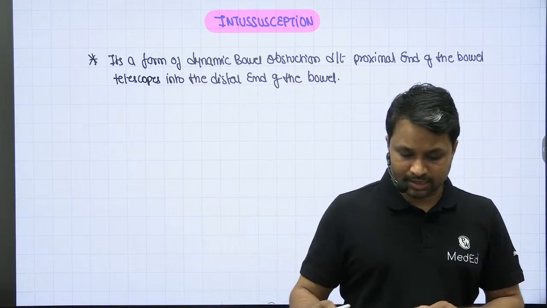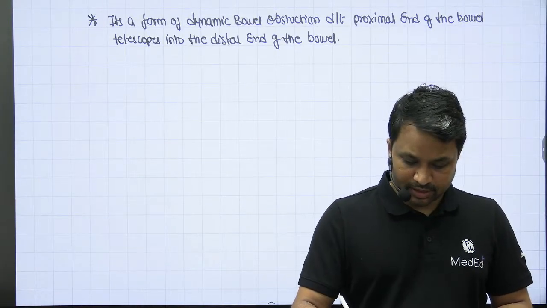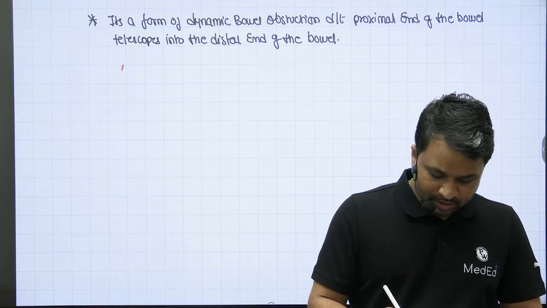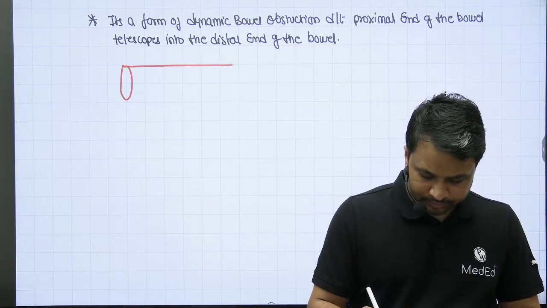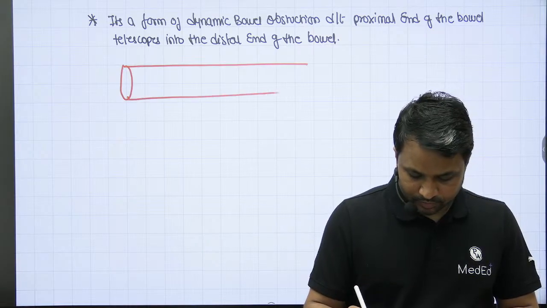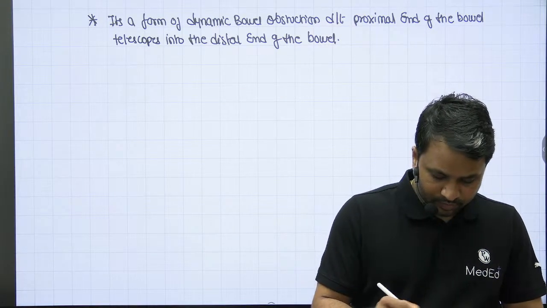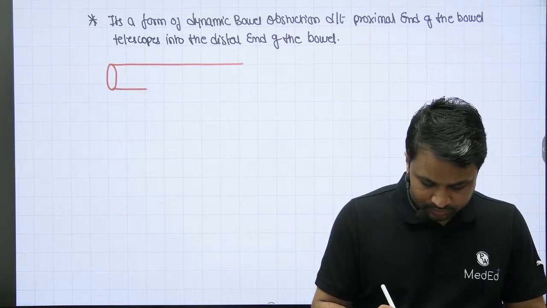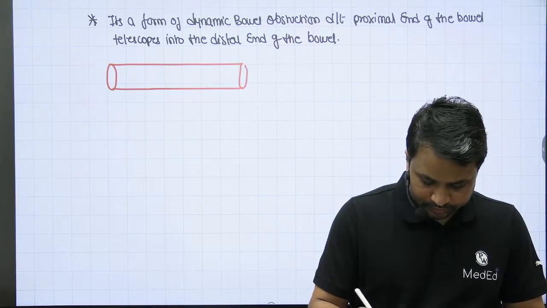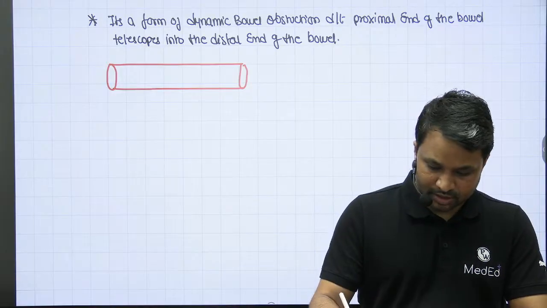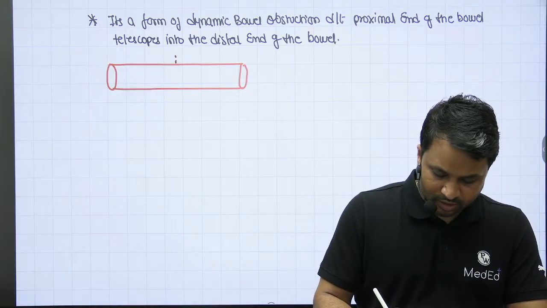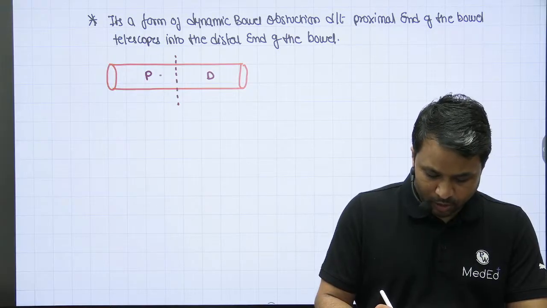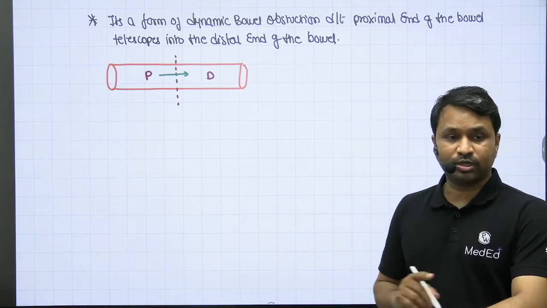Now, just for the sake of understanding, in a graphical representation, this is how a bowel would look. Let's say this is the bowel that you have. We'll say this is the proximal end, this is the distal end, and the proximal end is going to telescope into the distal end.